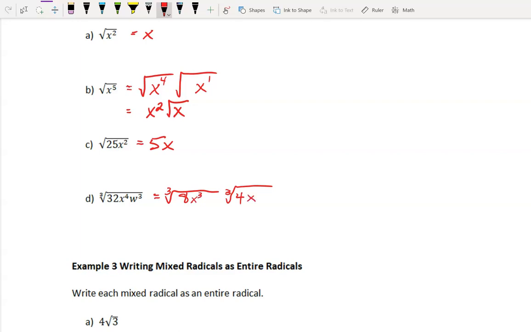Is there a factor of w cubed that's a perfect cube? Yes, w cubed, and there's nothing left over. So taking the cube root of 8, I get 2. Taking the cube root of x cubed, I get x. Taking the cube root of w cubed, I get w. And what does that leave? There we go.